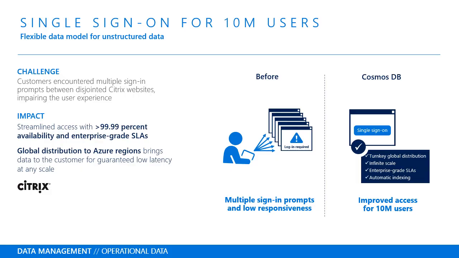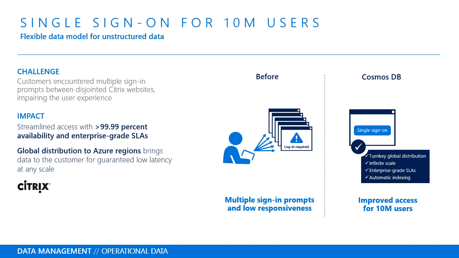When Citrix wanted to create a single sign-on system for 10 million users, they turned to Cosmos DB to take on the challenge of customers encountering multiple sign-in prompts between disjointed Citrix websites. The authentication service for Citrix's cloud services is actually powered by Cosmos DB in the background.